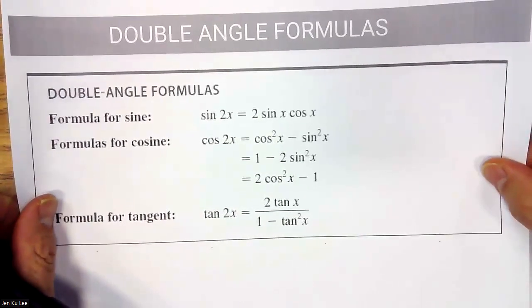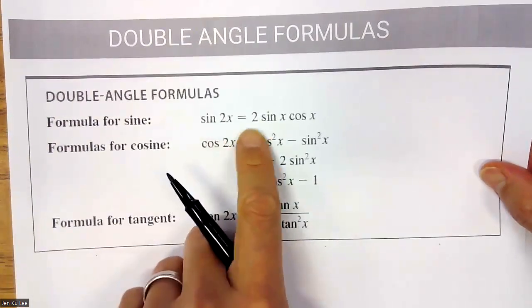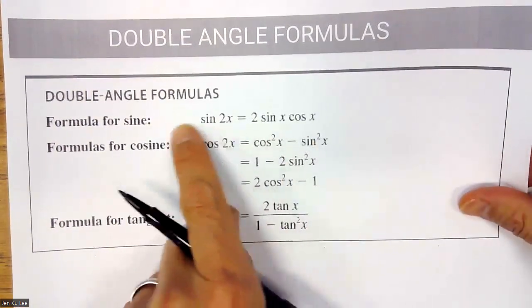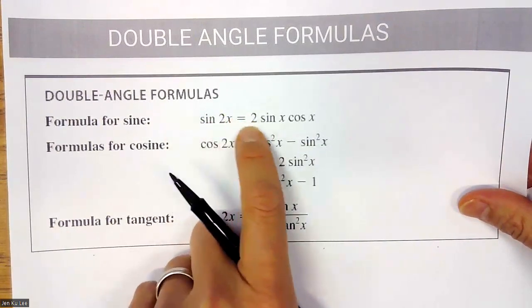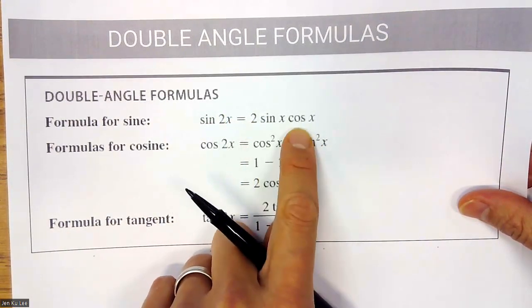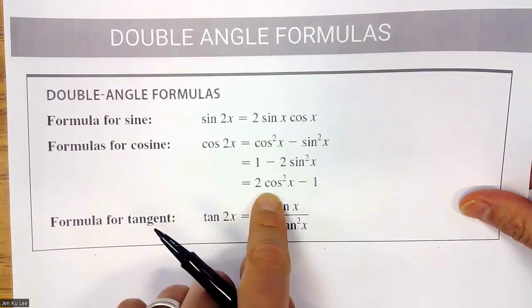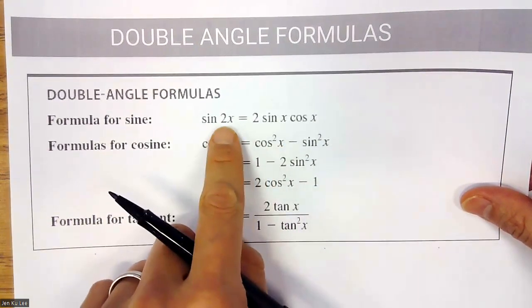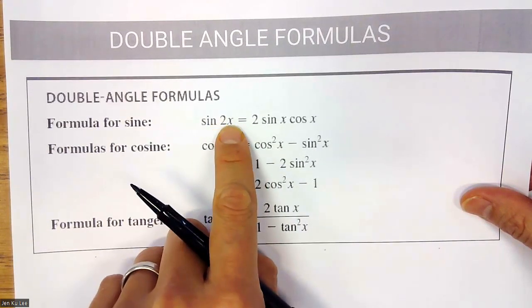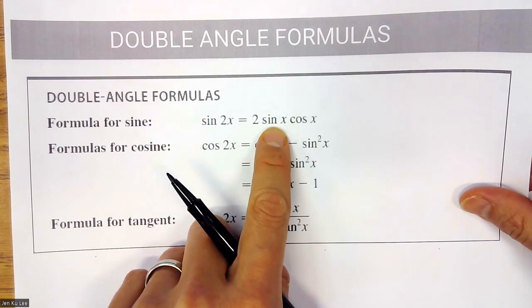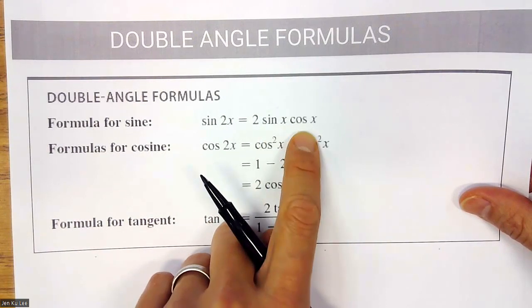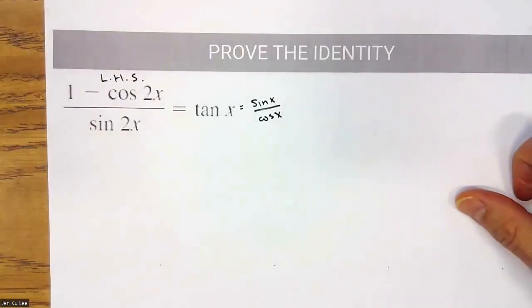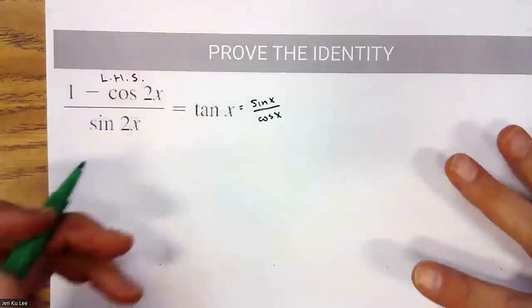So I look at the double angle formula sheet, and I notice that there's only one for sine, right? The double angle formula for sine. There's only one formula. For cosine, there's a lot, right? So my first instinct is to plug in sine of 2x, use this formula, 2 sine of x cosine of x, and plug that in and see where it goes.